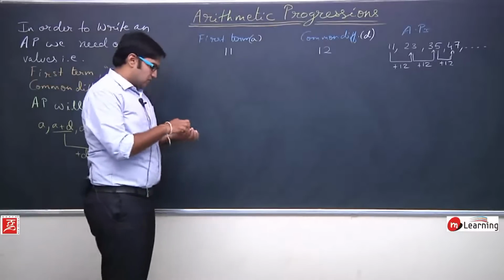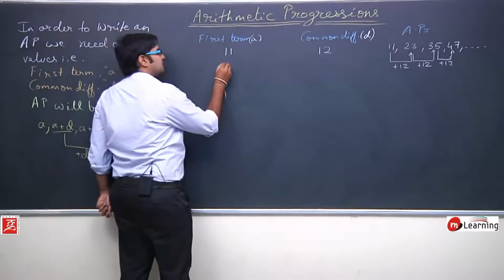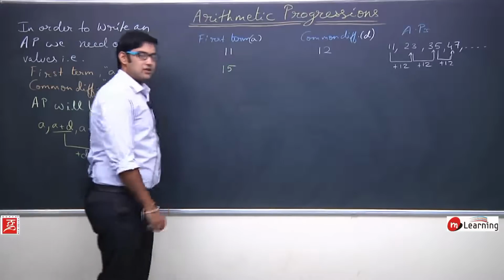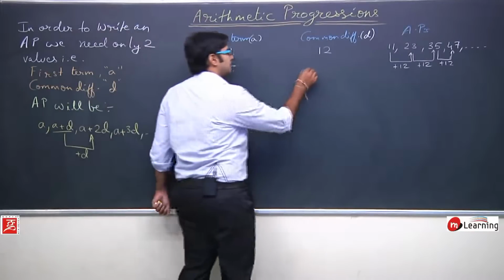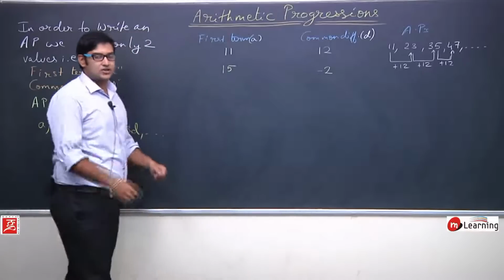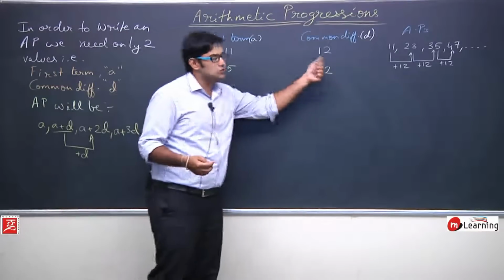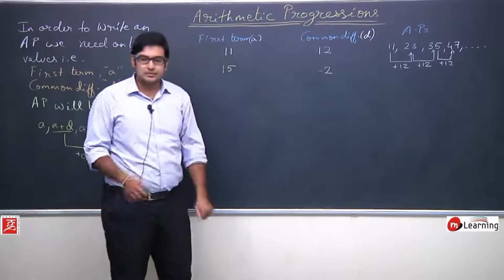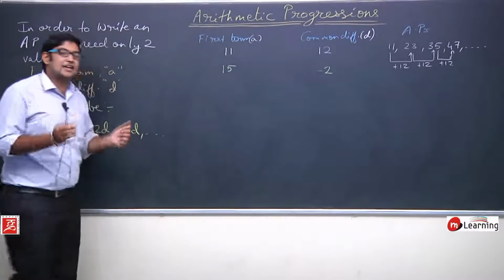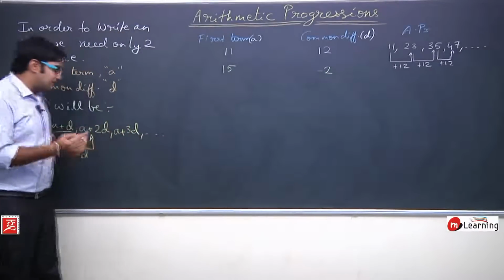Okay. Now what if I have first term as, let us say, 15 and common difference as minus 2. If my common difference is not a positive number, if it is minus 2, then what will be my arithmetic progression? Again, the basic structure, the skeleton of arithmetic progression will remain the same.